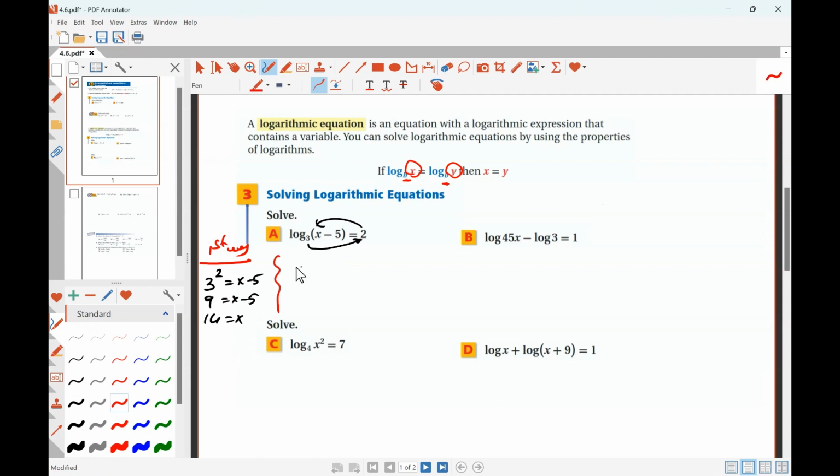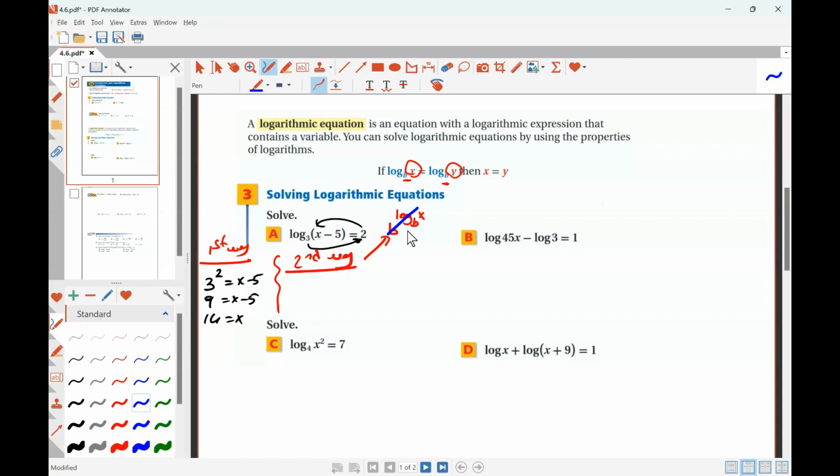Another way is using the inverse property that we studied in the previous section. What does the inverse property say? Remember, if there is b raised to the power log base b of x, then we can cancel the bases. The base of the exponent and the log base b will cancel each other.